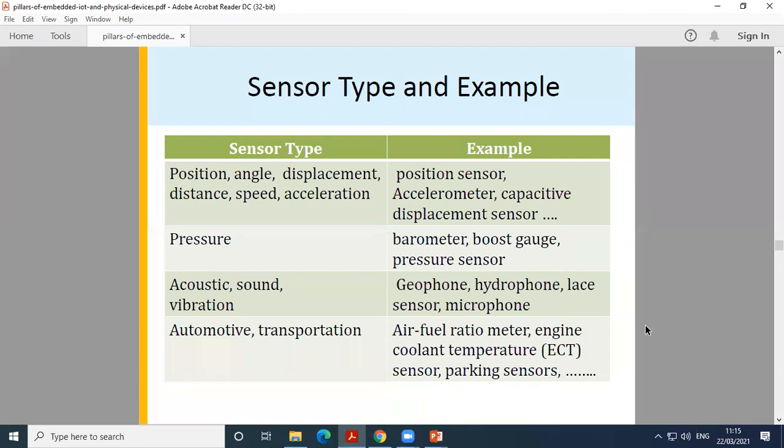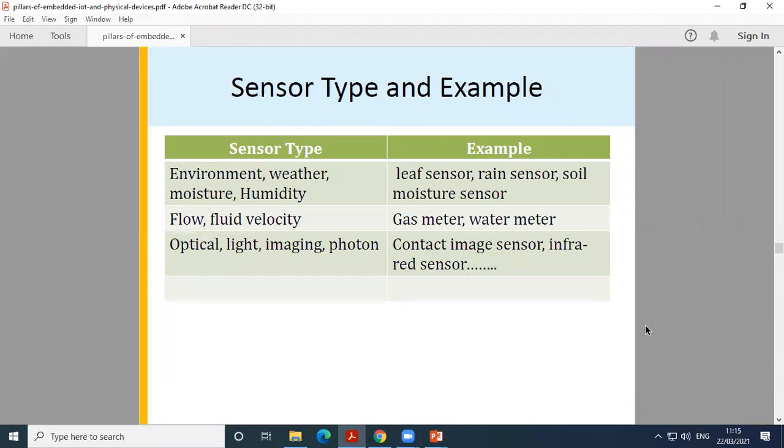Different kinds of sensors are there, like the engine coolant temperature sensor, that is the ECT sensor. Then for environment, weather, moisture and humidity, we have the leaf sensor, rain sensor, and soil moisture sensor.